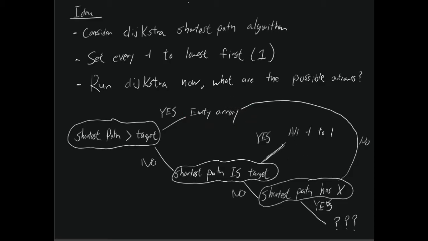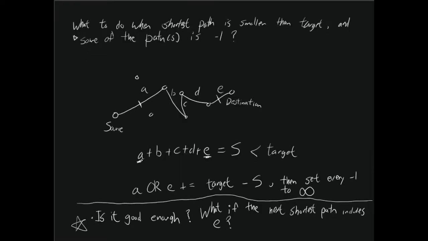But what if the shortest path is smaller than the target, it's not the target, and it has some -1 paths that we can fix? Then what should we do? We can increase them because there are some -1 paths.